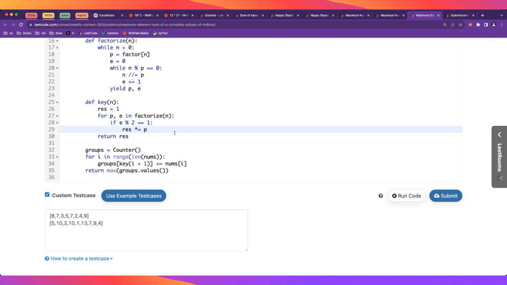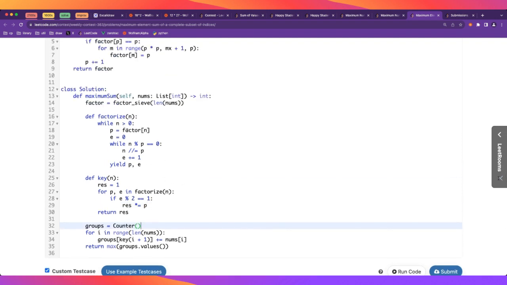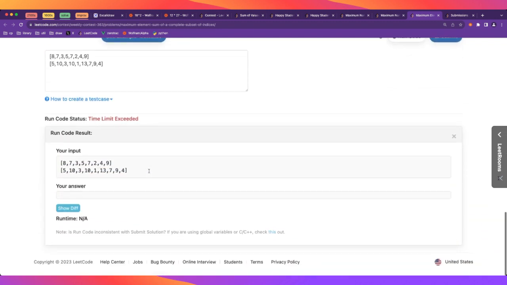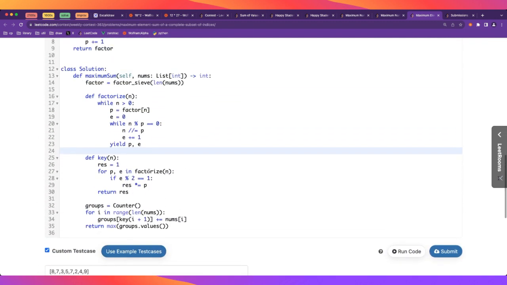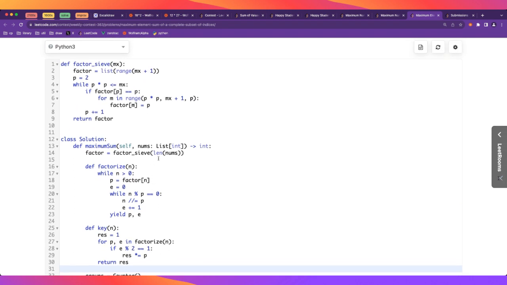So where is my loop here? So I'm dividing. So I don't know.